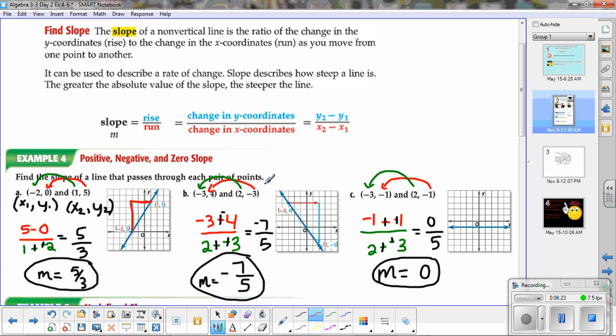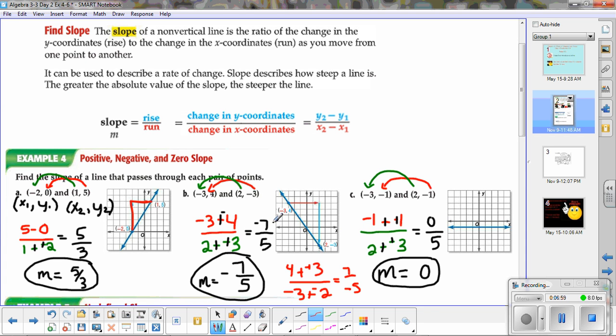Like if I were to go 4 minus negative 3, I'm just subtracting in the other order, 4 minus negative 3 over negative 3 minus 2, I end up with 7 over negative 5. And it doesn't matter if our negative is in the numerator, like it was up here, or in our denominator, like it is right here.